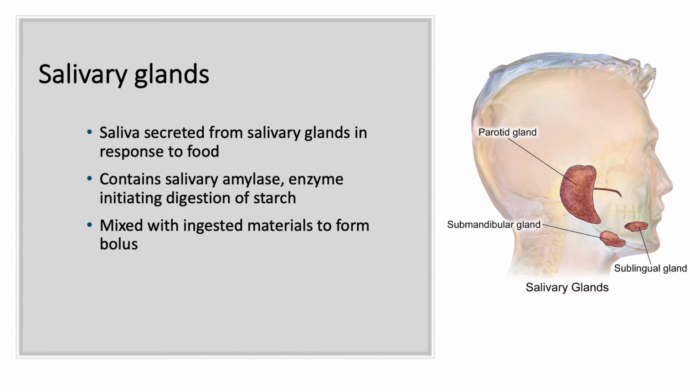So we see then that chemical digestion also begins in the mouth, not only the mechanical digestion via chewing. One of the enzymes you may have heard of is amylase, and salivary amylase is a component of your saliva, and it helps break down starches into their simpler building blocks. So we can break down starch into maltose, for example, which is a disaccharide.